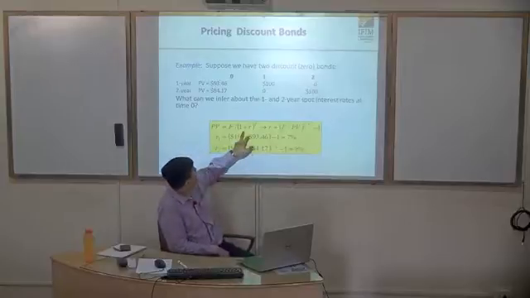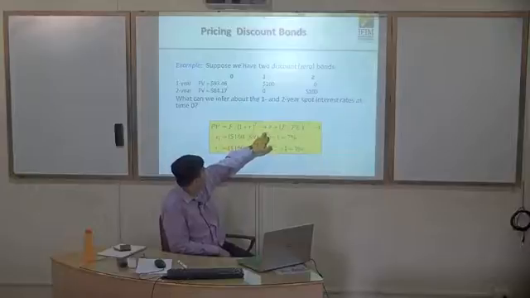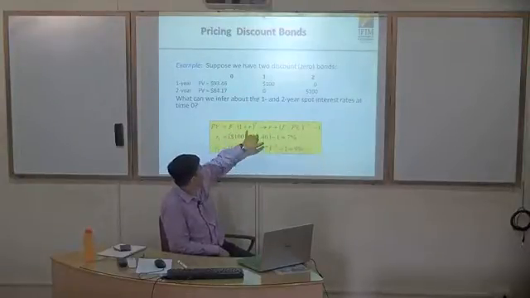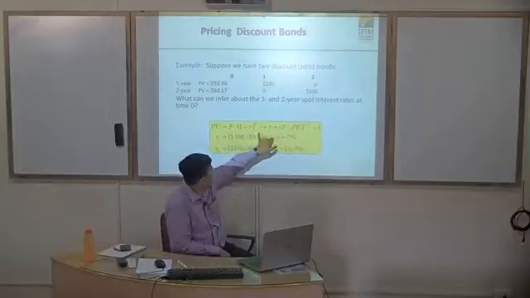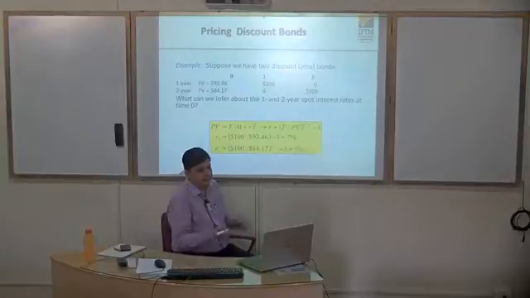So I hope you understand the formula: 1 plus R to the power of T. R goes to the left hand side, PV comes to the right hand side, and then we have to do the math, and then minus 1 appears here.